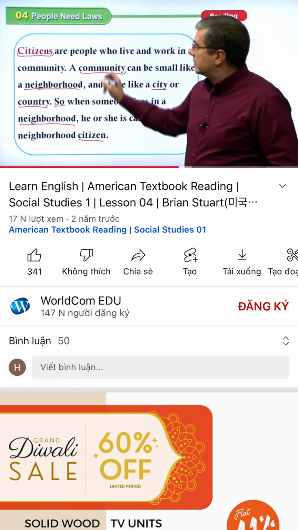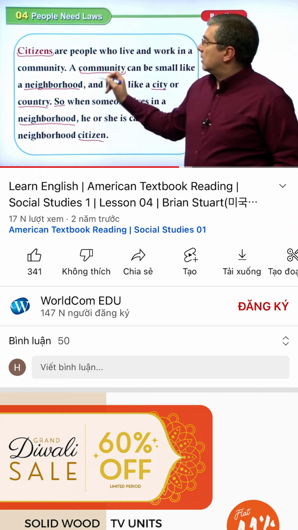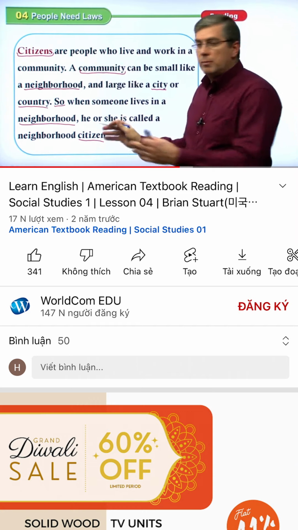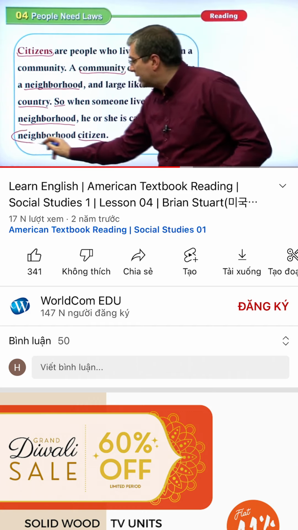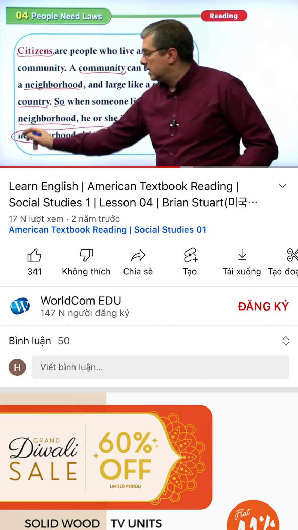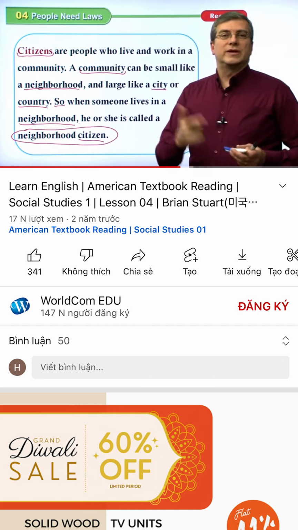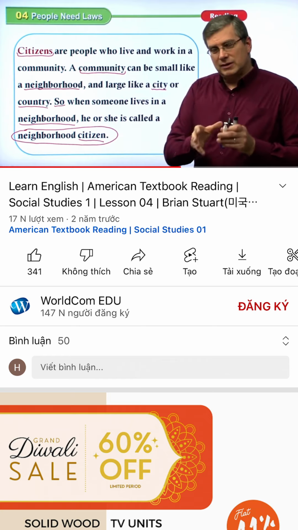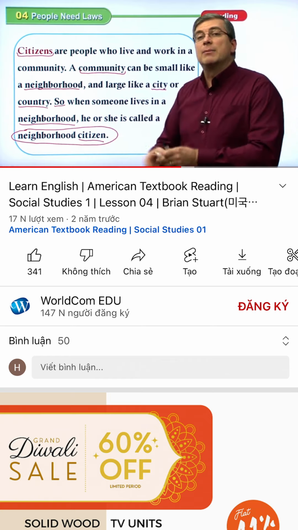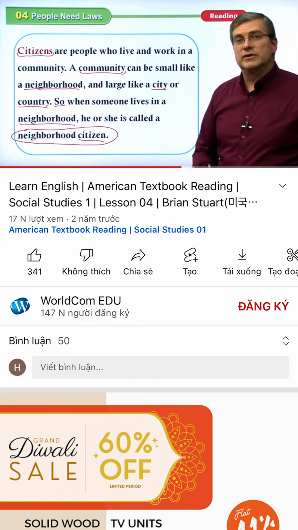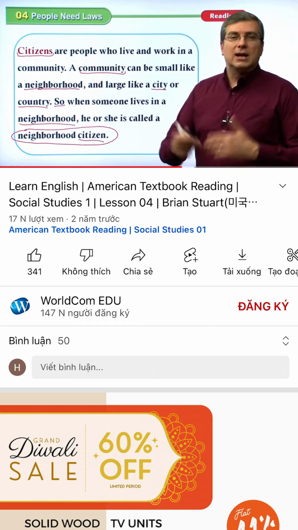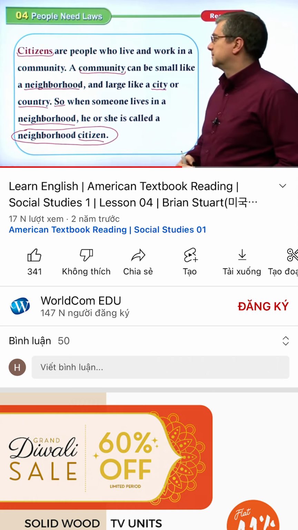First we talked about citizen, then we talked about types of communities, then we put both words together and we have neighborhood citizen. Interesting idea. So remember, citizen is not just country, it's not just state, it can also be neighborhood citizen.